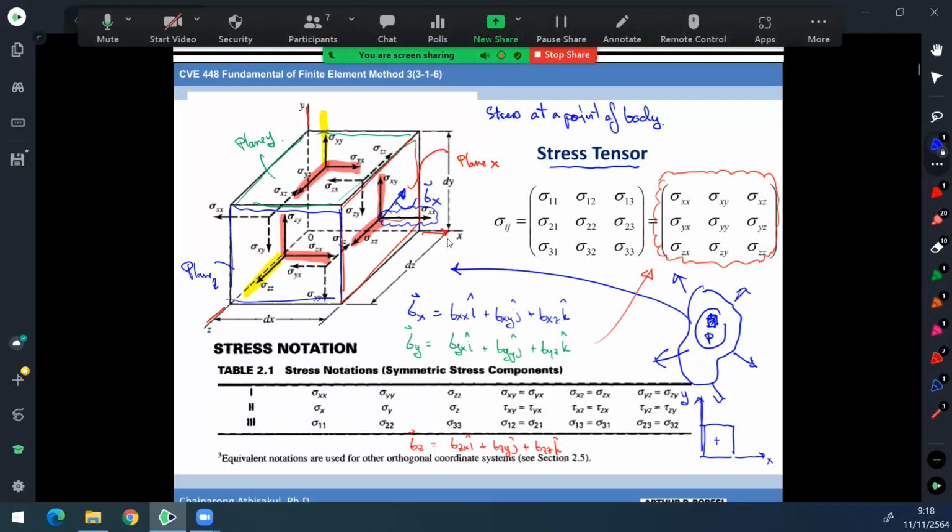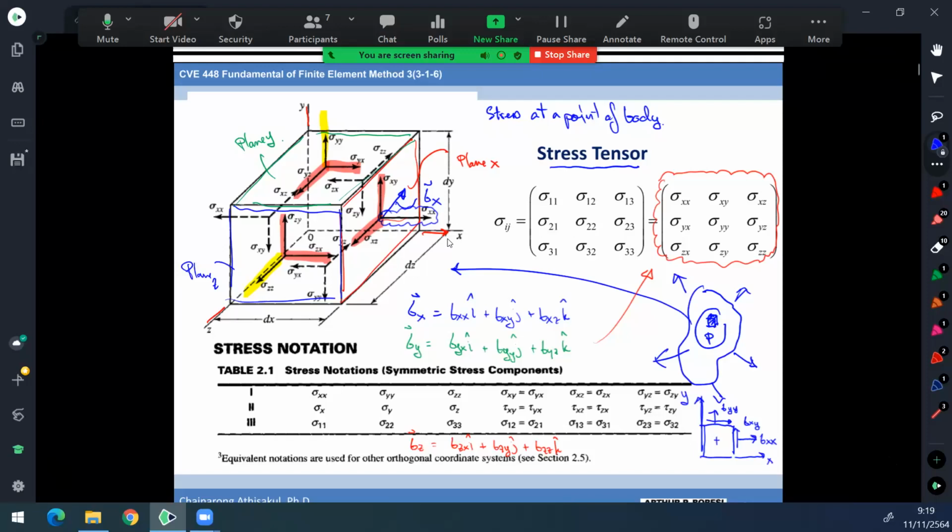Okay, so it's composed of sigma XX like this, right? Okay, and we have sigma XY. Okay, and it is sigma YY. Okay, and also it is the same sigma XY. Actually, it is sigma YX, but according to the symmetry, we call it sigma XY. Okay, so then for the plane problem, it's reduced to just 3 components.